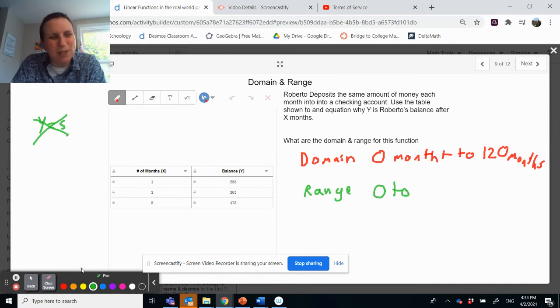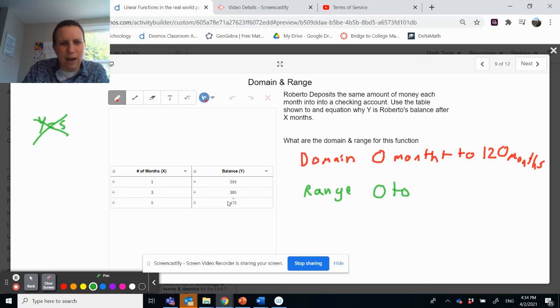Let's just brainstorm still. Domain and range are a really abstract idea that we use a lot in Algebra 2 and stuff like that. But in the real world, the use of domain and range is setting up that graph. So just thinking about what would be a reasonable amount for Roberto to save after 120 months.